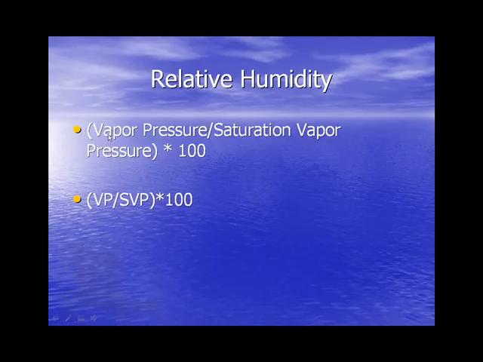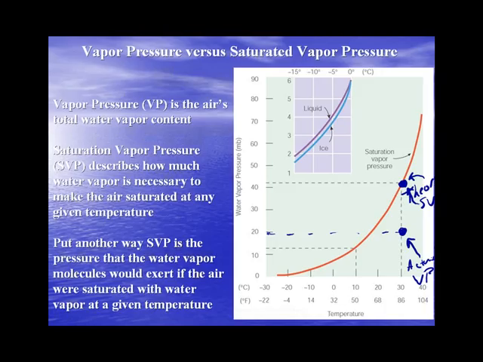We look at how much vapor pressure is present and compare it to what it can hold, the saturation vapor pressure, at a particular temperature. And we multiply by 100 to get a percentage. So again, the vapor pressure, what is actually in this air parcel, compared to what it could hold at this particular temperature, where it intersects the saturation vapor pressure line.